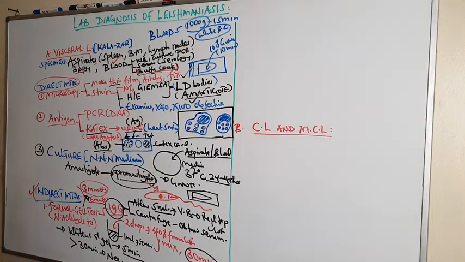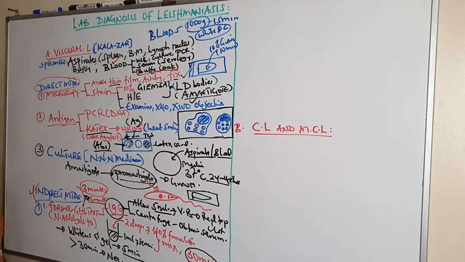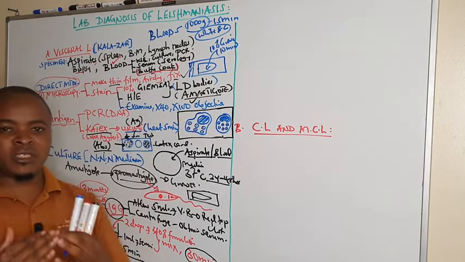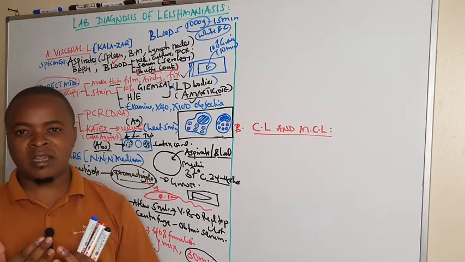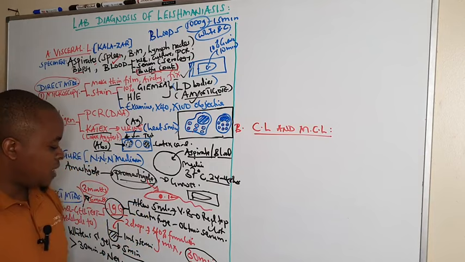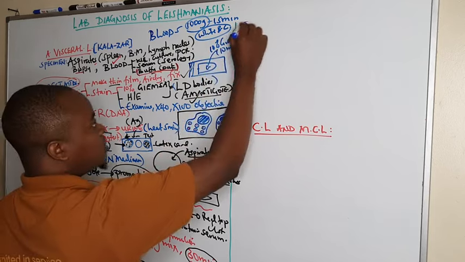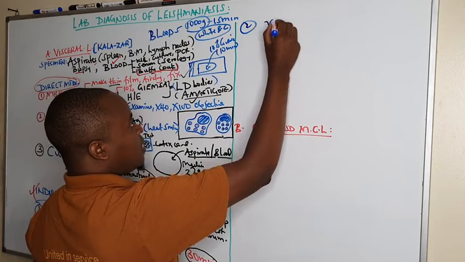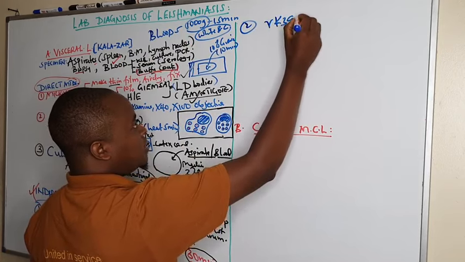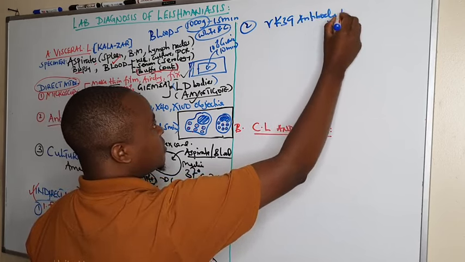So let us continue with the indirect methods, where number 1 we have seen is the formol gel test, testing for an increased number of IgG antibodies when someone has Leishmania donovani. Another indirect test we can use in diagnosis is the rK39 test, an antibody test.